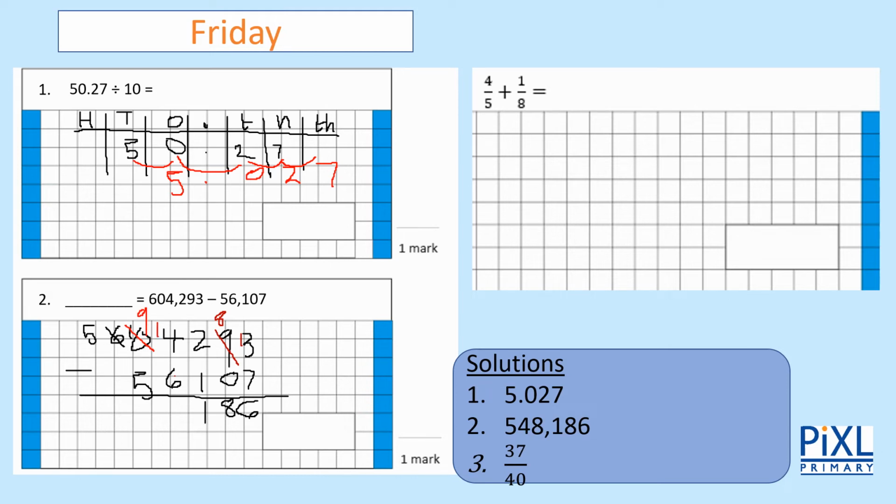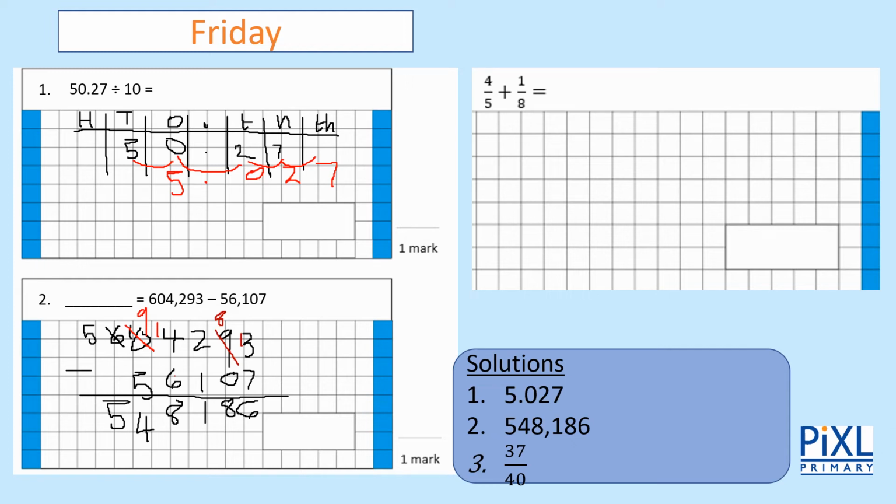My 4 becomes a 14. 14 take away 6 is 8. 9 take away 5 is 4. And 5 take away 0 is 5. So my answer should be 548,186. Well done if you got that one right.